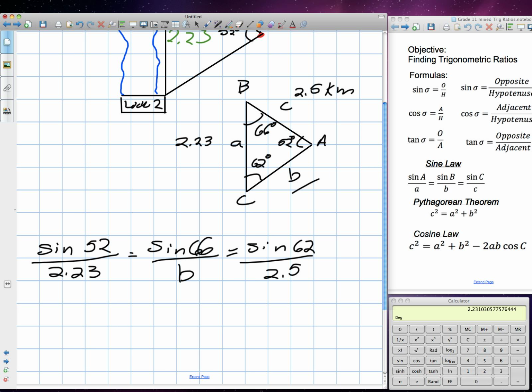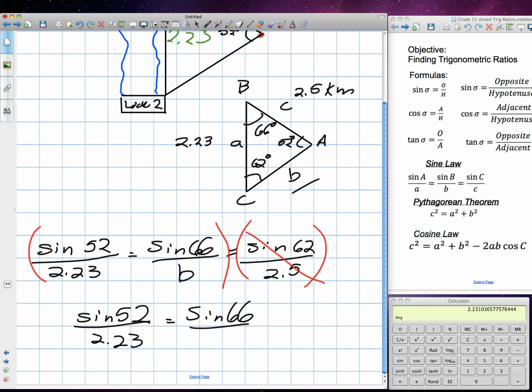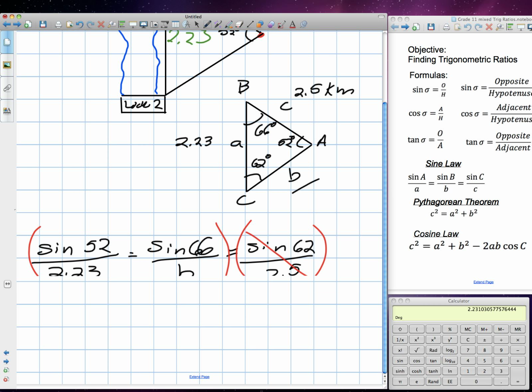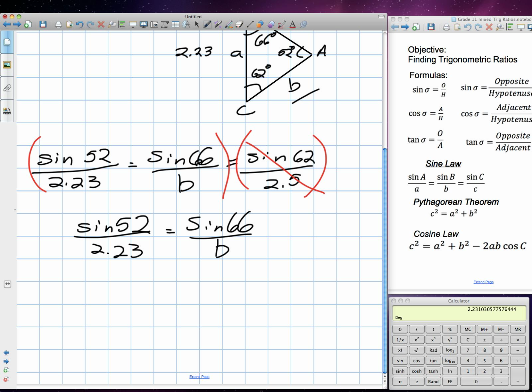So what we'll do is line up the new ratio we have with this side B. So we no longer need this ratio. We can drop it off. We're just going to work with the A ratio. So we have sine 52 divided by 2.23 is equal to sine 66 divided by B. Now, I'm going to do this step in my head. I just showed you how to cross multiply, so you should hopefully remember how to do that. And then we divide.